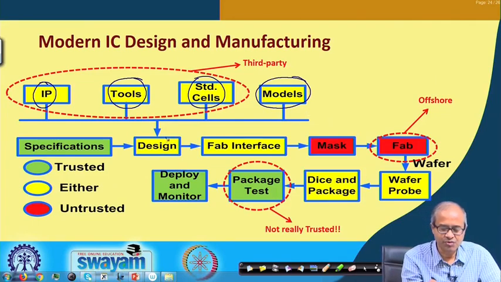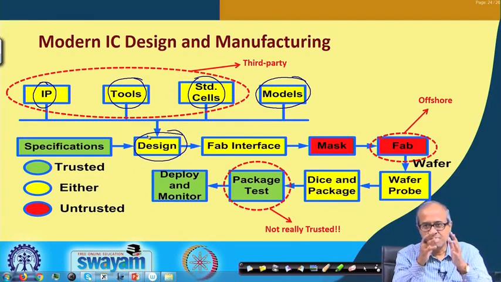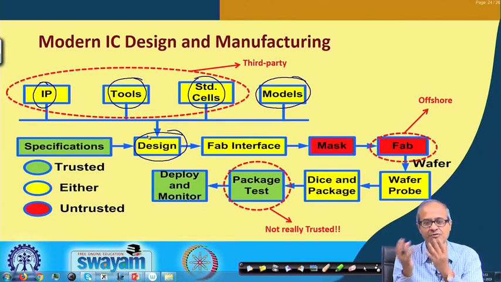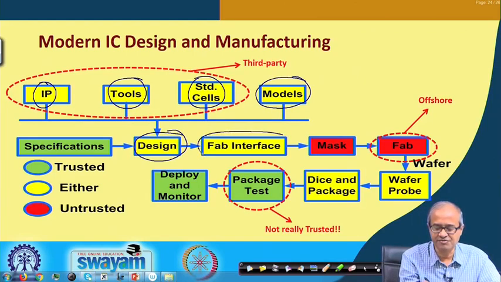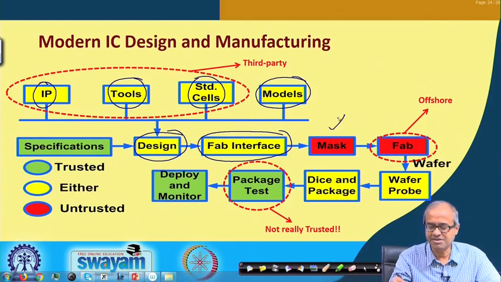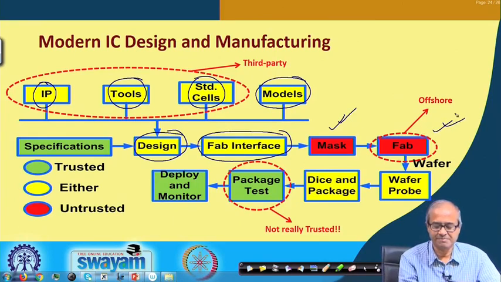Based on this we create our design. We go through the steps of the design, and finally generate something called a GDS2 file, which is our fab interface; we can send it to the fab for fabrication. There the masks are manufactured and finally the chip is fabricated.